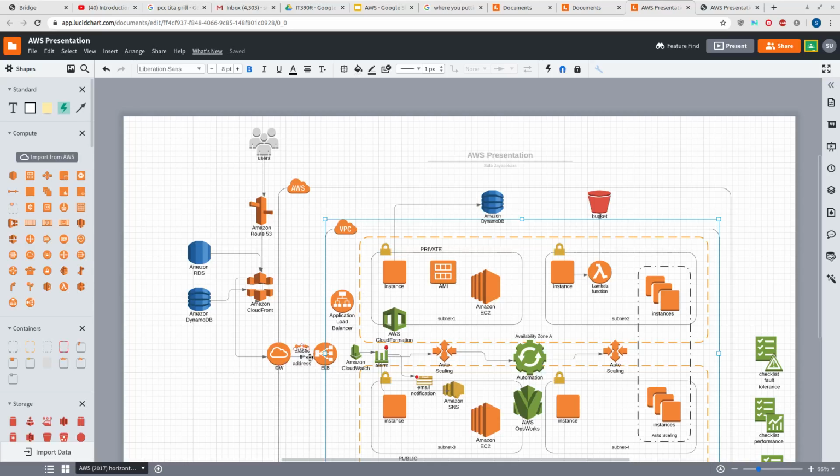And we installed here Elastic IP, which can provide different IPs when needed for different regions, different purposes. And we have an Elastic Load Balancer, which is balancing the load.